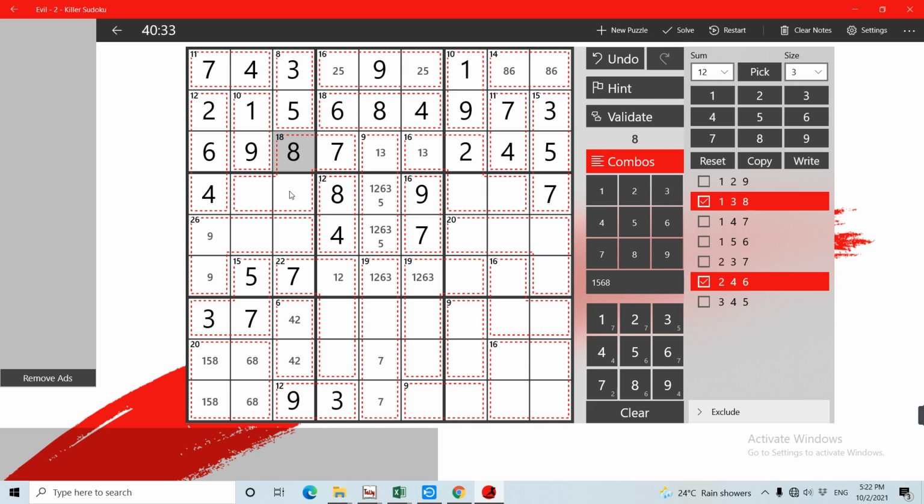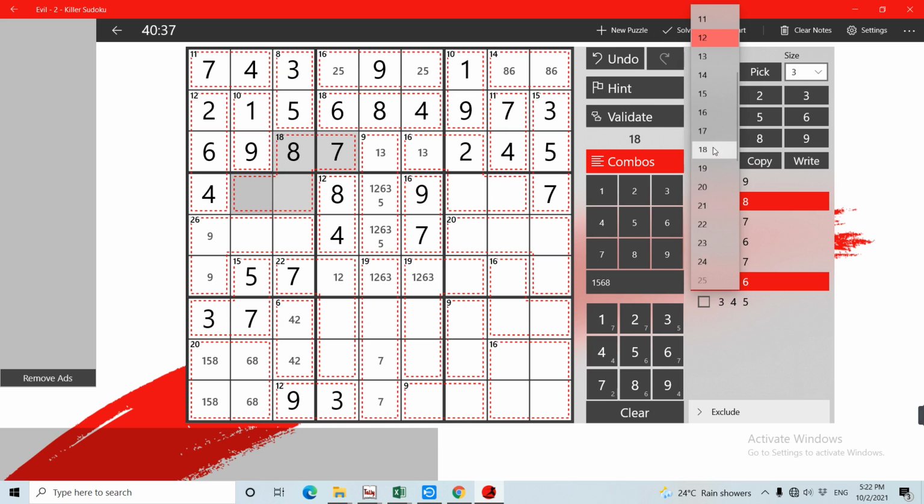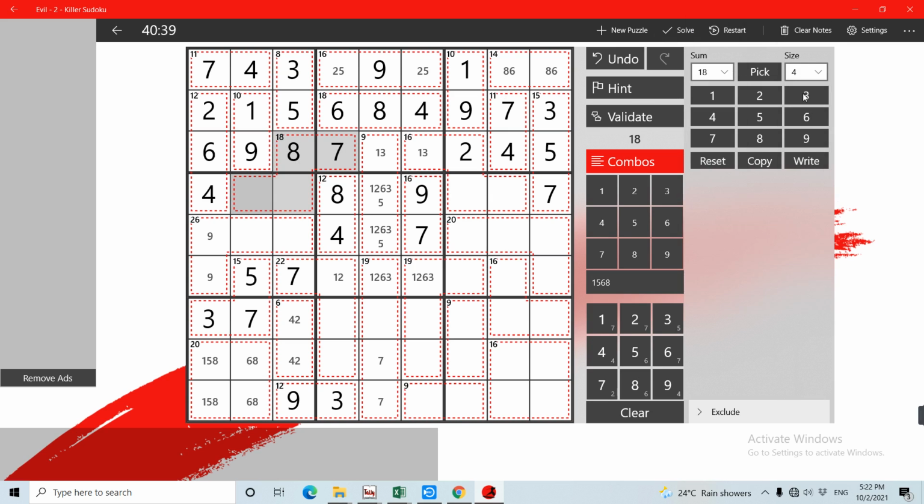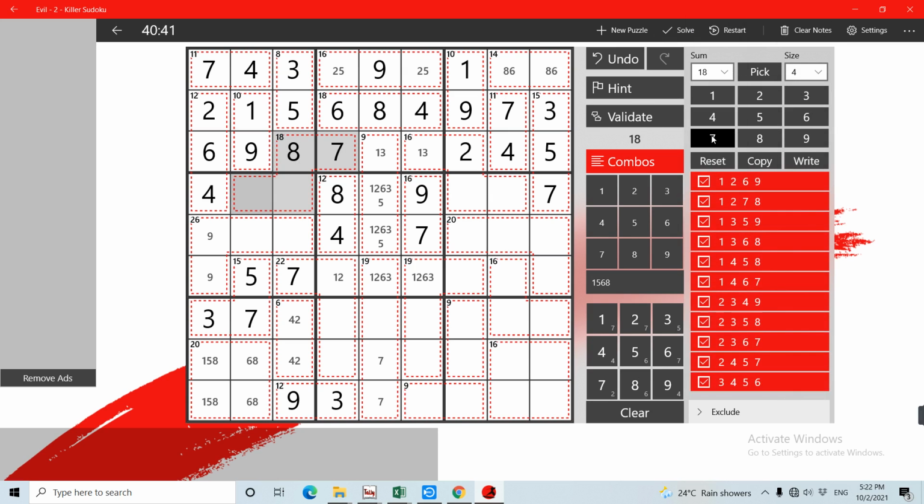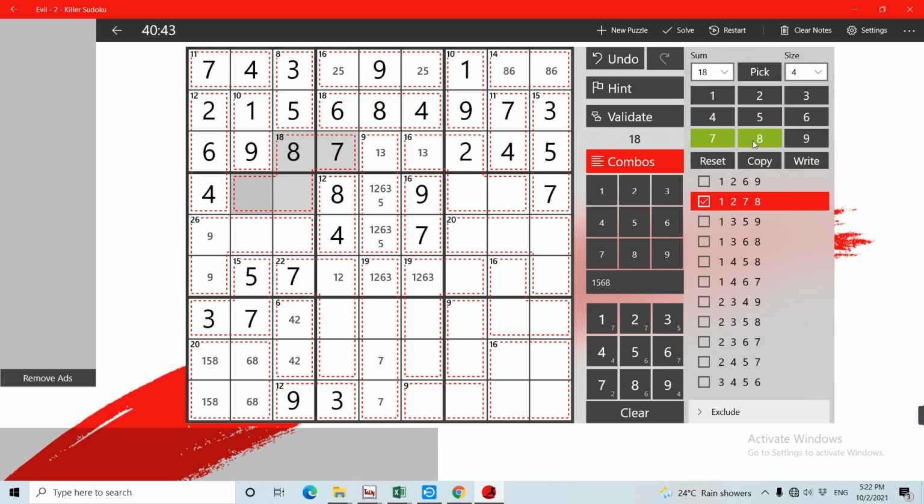So we can take a look at this series. 18, size of 4, which contains 7 and 8, which means this needs to be 1 and 2. I cannot have a 1 here, so 2, 1.